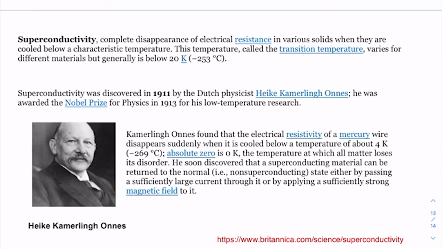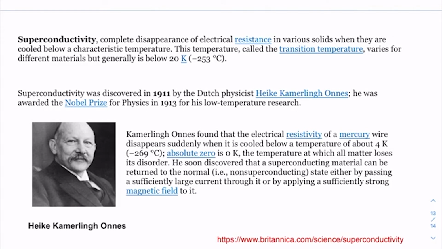Superconductivity was discovered by Kamerlingh Onnes, a Dutch physicist, in the year 1911, and he got the Nobel Prize in 1913 for his low temperature research. What Kamerlingh Onnes found was that the electric resistivity of a mercury wire disappears suddenly when it is cooled below a temperature of about 4 Kelvin, and you know that absolute zero is at 0 Kelvin.